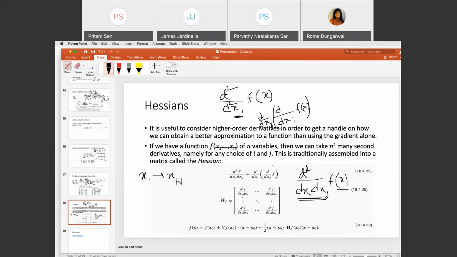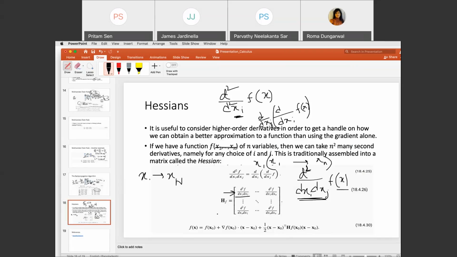So if these are the parameters x1 to xn, in this row, first we differentiate with respect to x1 to xn, and we differentiate again with respect to x1.